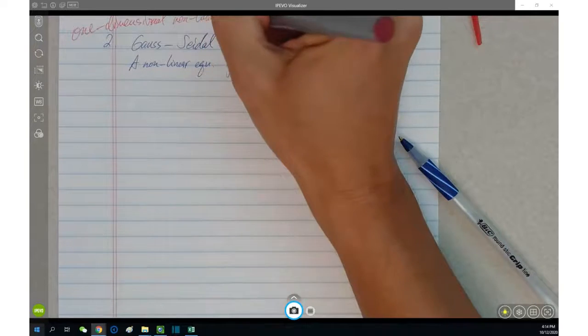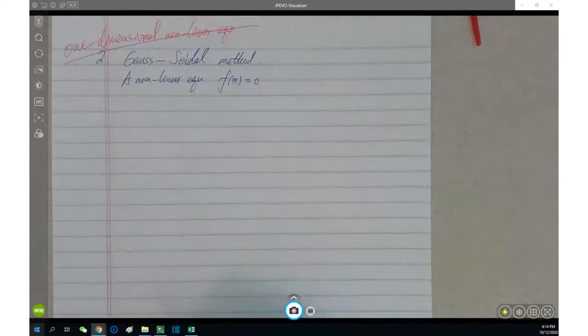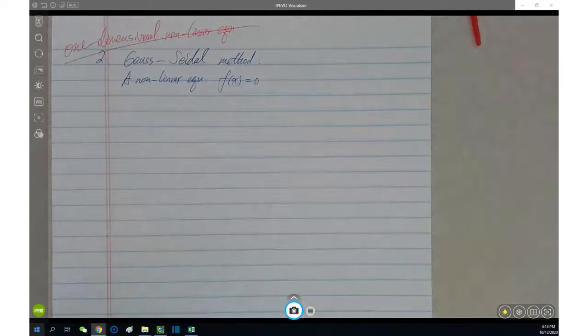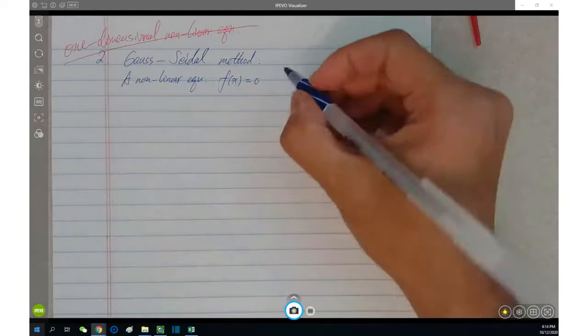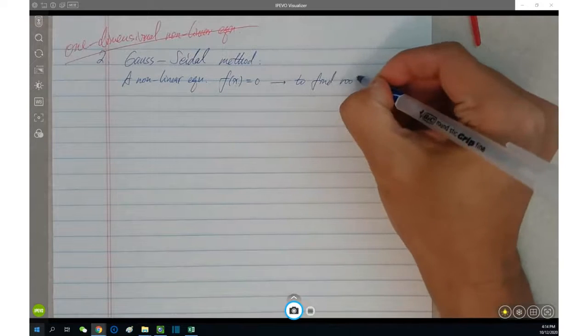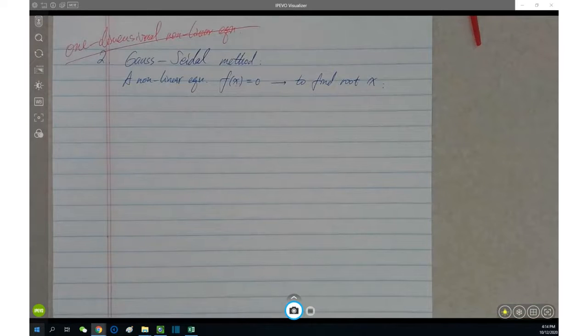We don't need to worry about the n-dimensional. It's the easier one. So a one dimensional nonlinear equation f of x equals 0, and what you want to do is to find the root x, right? So that is the description of the problem.